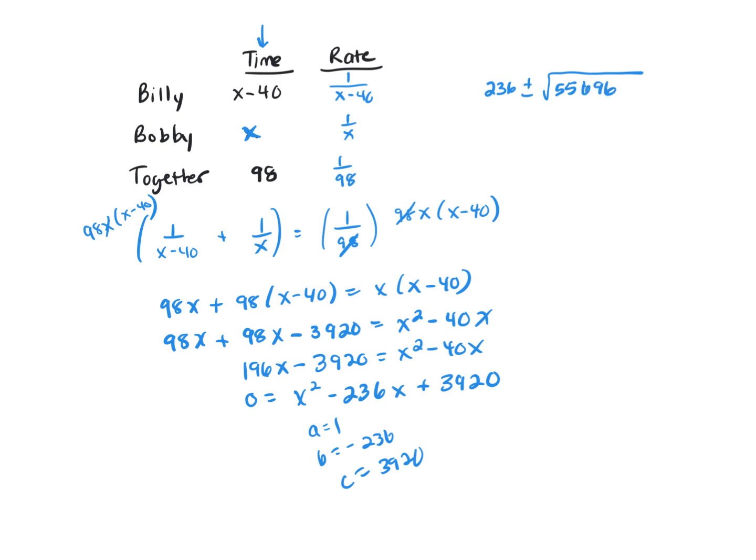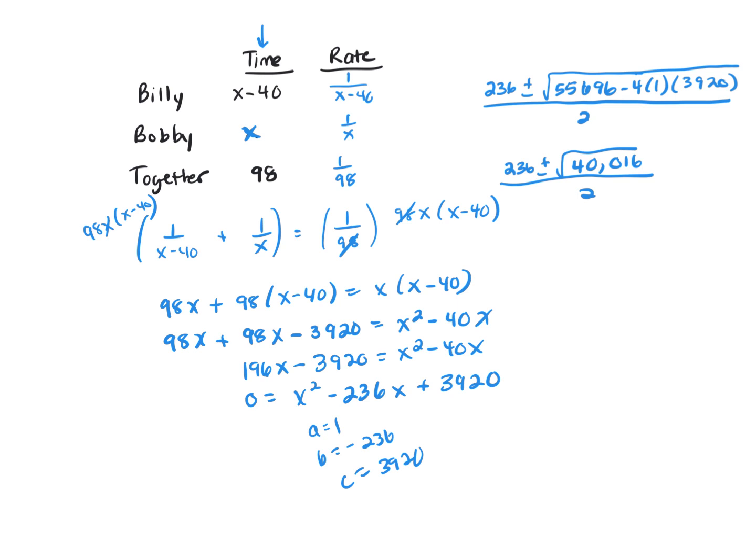I'm using a calculator. Then b squared minus 4 times a times c, which is 3920, and that's all over 2 times a, which would just be 2. So that's going to be 236 plus or minus the square root of 55,696 minus 4 times 3920, and that's 40,016.